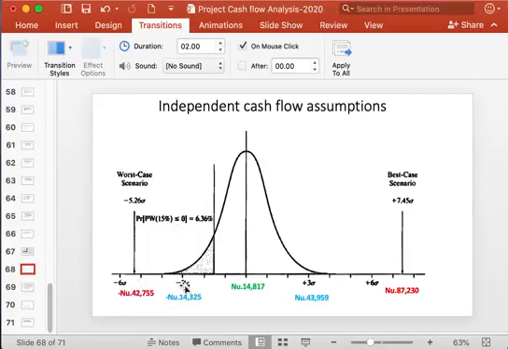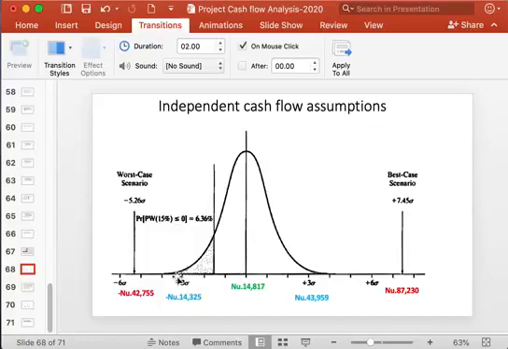That means the probability of having a net present worth of 42,755 is almost impossible, because I said that if the actual values lie within minus 3 sigma to plus 3 sigma, then we have 97 point something percent chances of actually occurring.